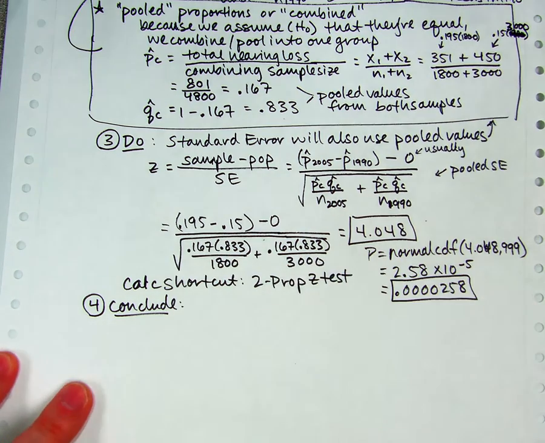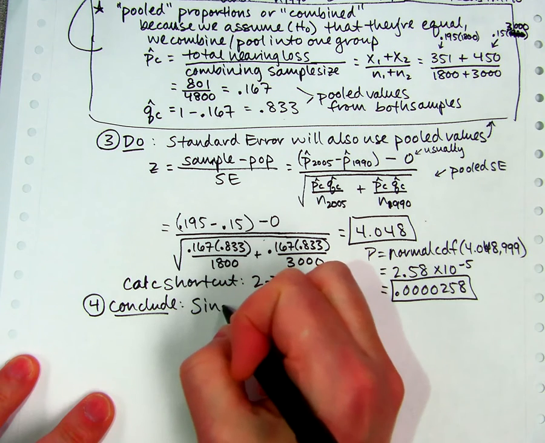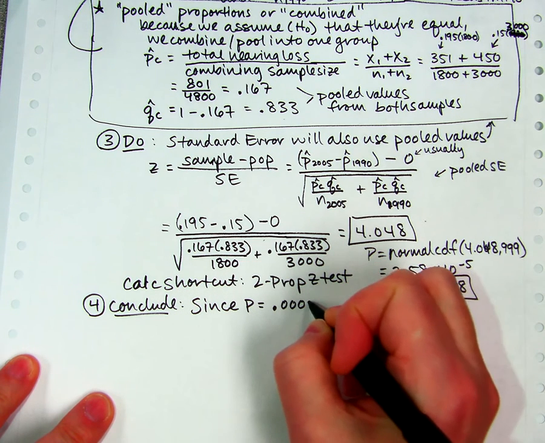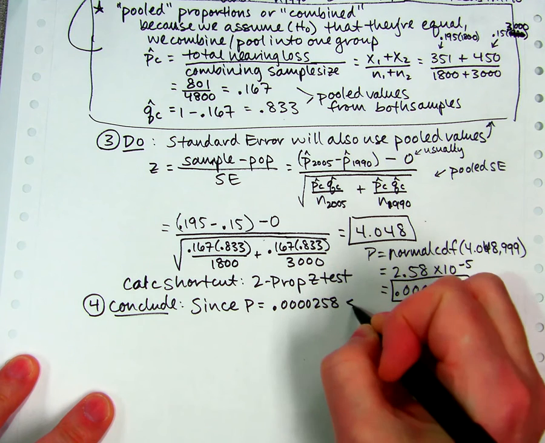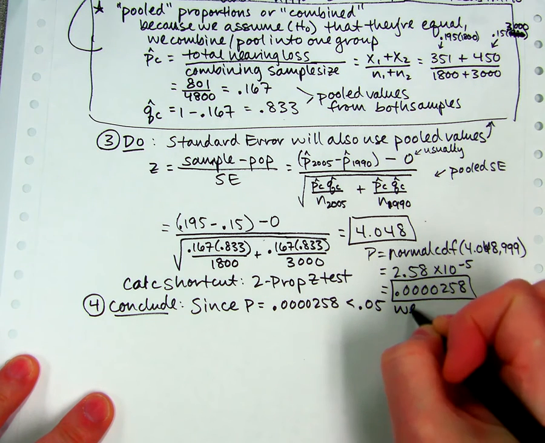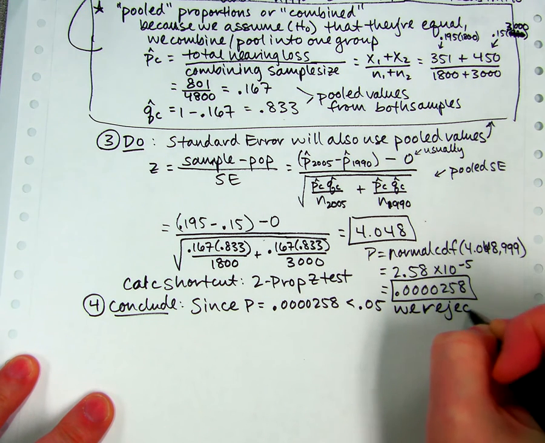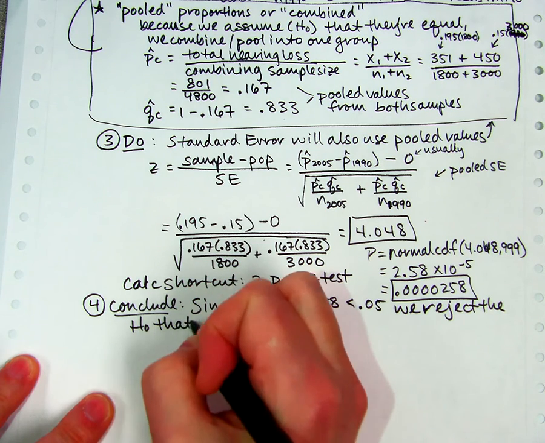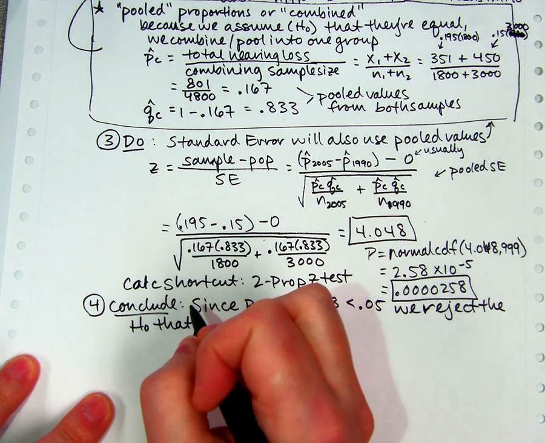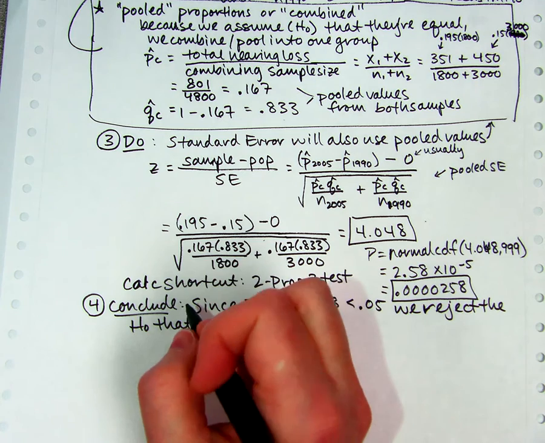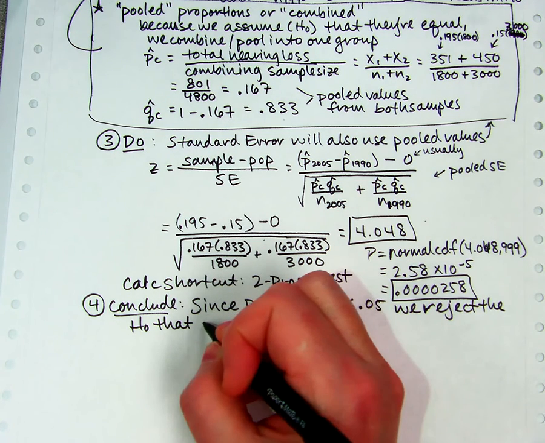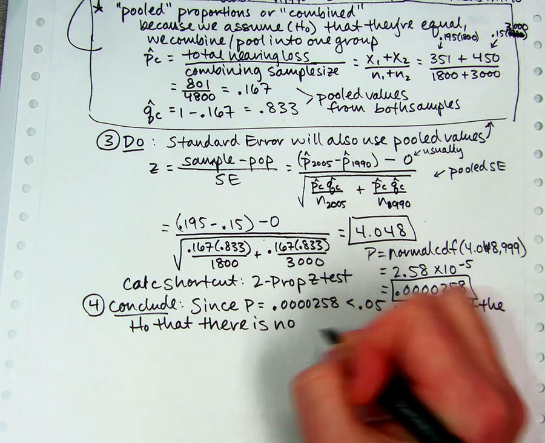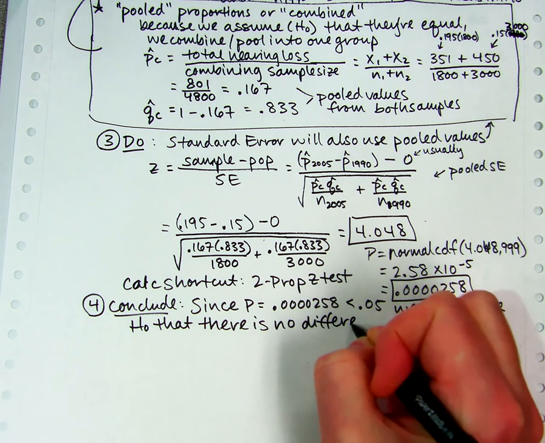We're going to have our decision since p is super duper small. You could just say that if you wanted to, but I prefer to put the number. It is less than 0.05 by a lot. We reject the null hypothesis that, okay, what does it say? The null hypothesis says that the hearing loss is the same for both years. So I like to phrase this the same way we do with matched pairs, actually, that there is no difference. That's the null.